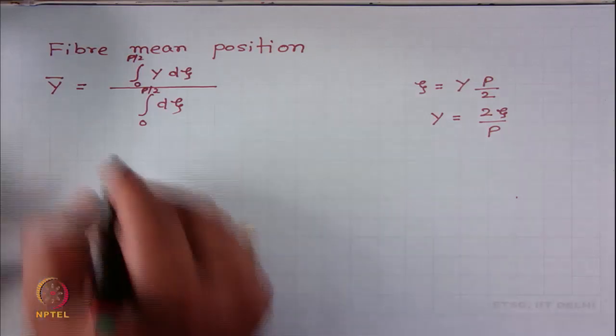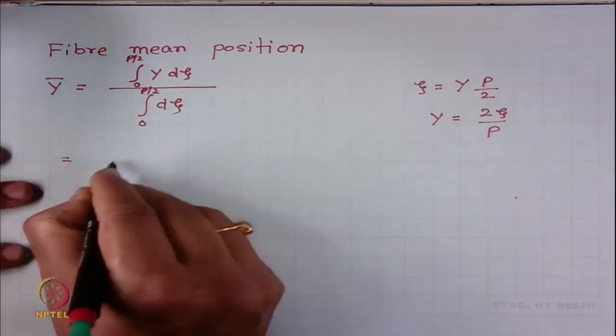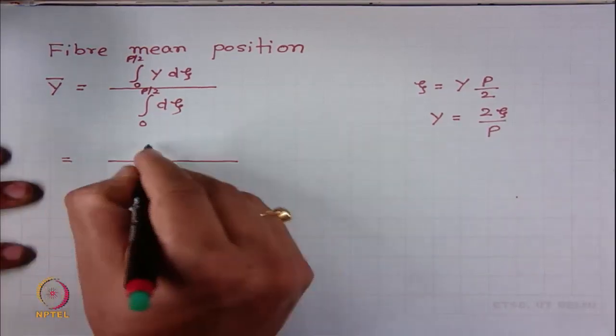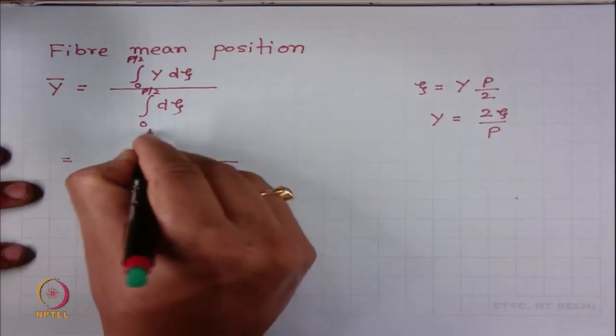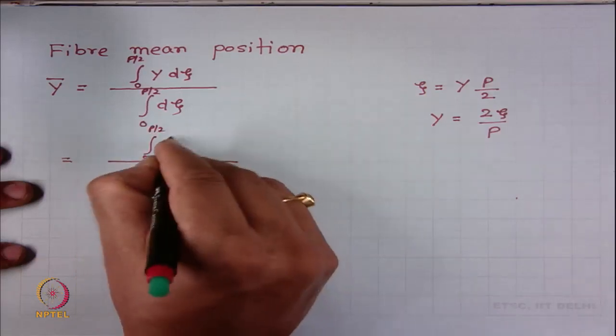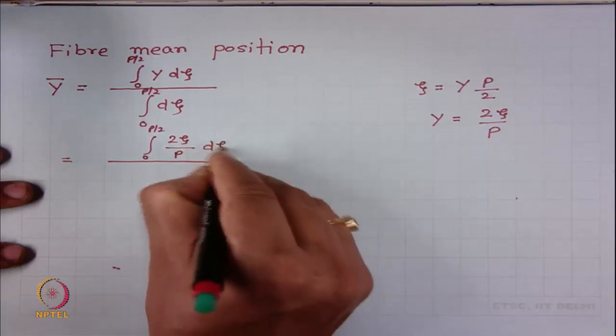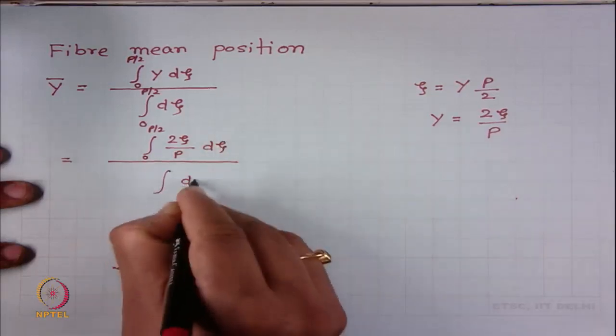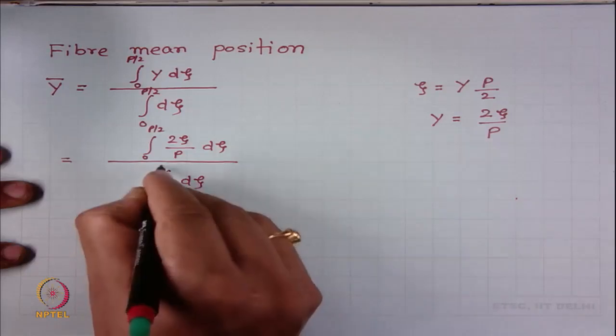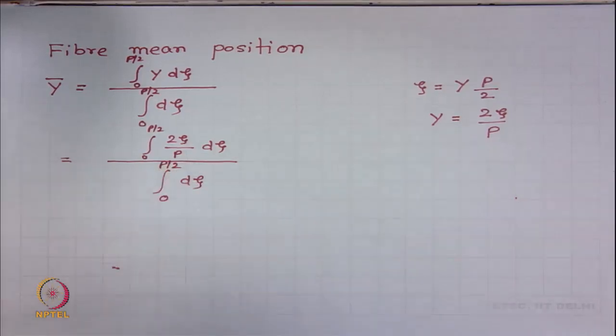If we substitute, integral from 0 to p by 2 of y, 2 zeta by p, d zeta, over zeta from 0 to p by 2. P is constant, 2 is constant, it will come out of integration.